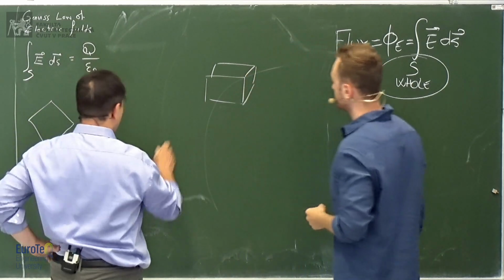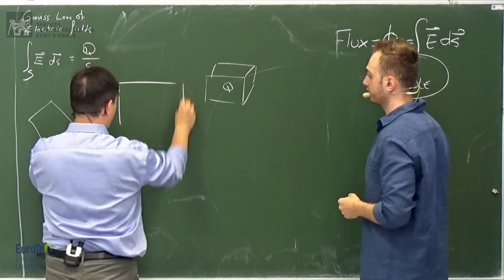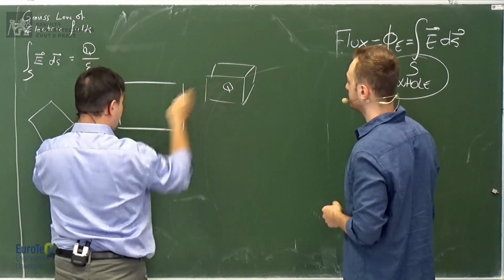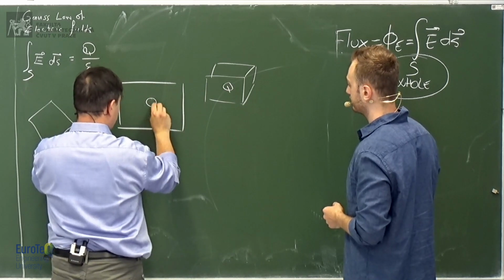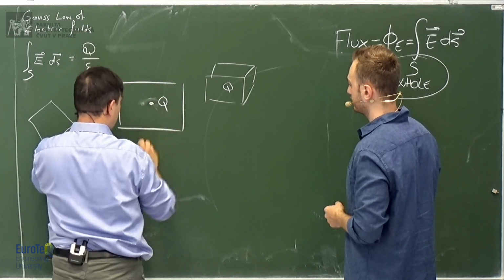Wait, if I can. Let's say that here there is a charge. And we are watching from the top view, okay? From the front view. So you are watching here the cube. Here there is a charge, and it's a point. So this is the charge.